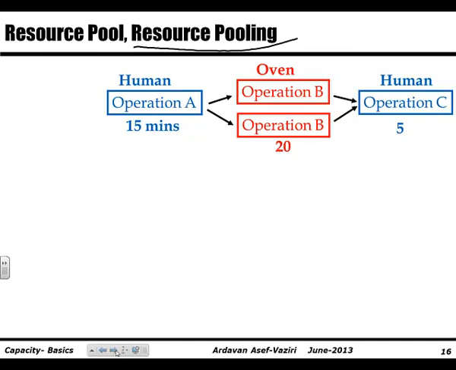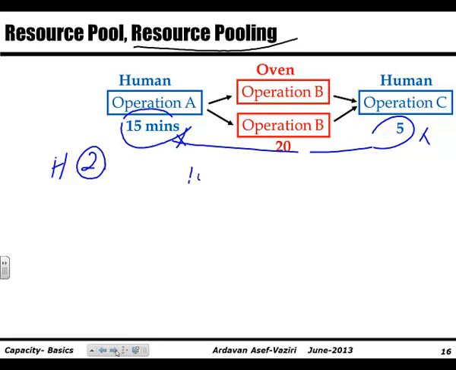Now we want to cross-train you and your friend, so that both of you can do both operation A and operation B. Now I have two human resources, and on each flow unit they are busy 15 plus 5 equal to 20 minutes.